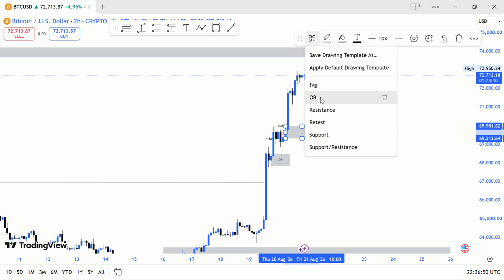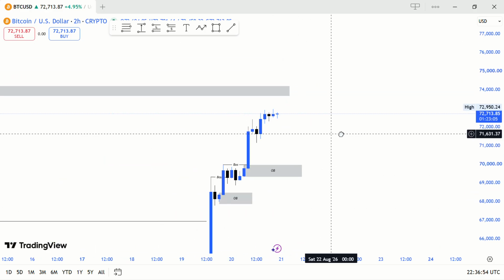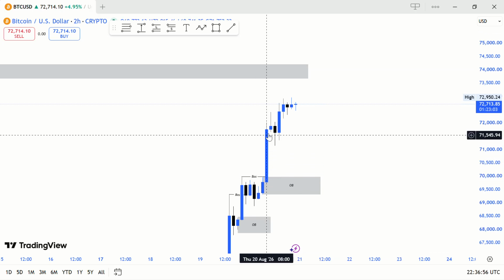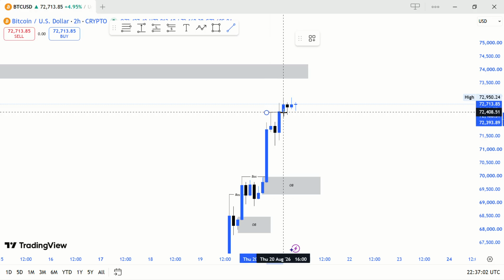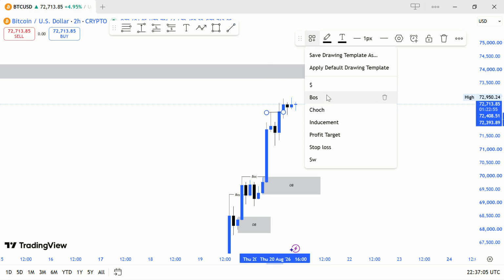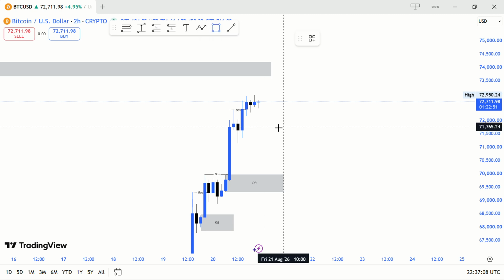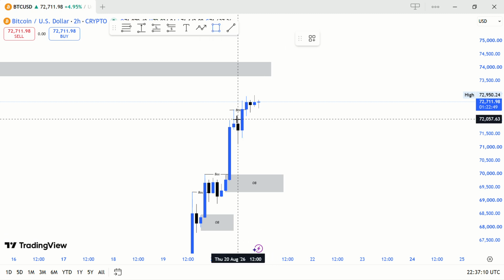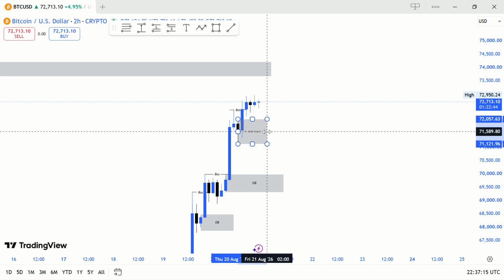All right. So currently, the market is at this junction, and we got another break of structure to the upside, and this is our last order block, which prompts the movement to the upside.